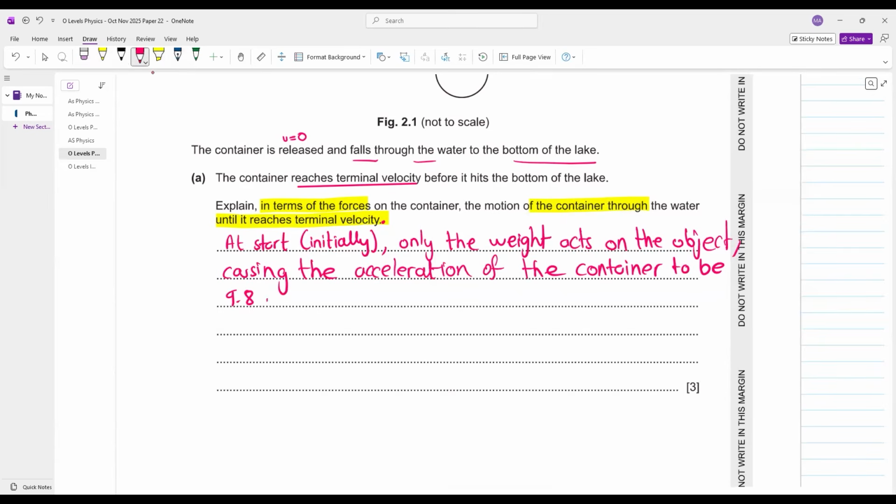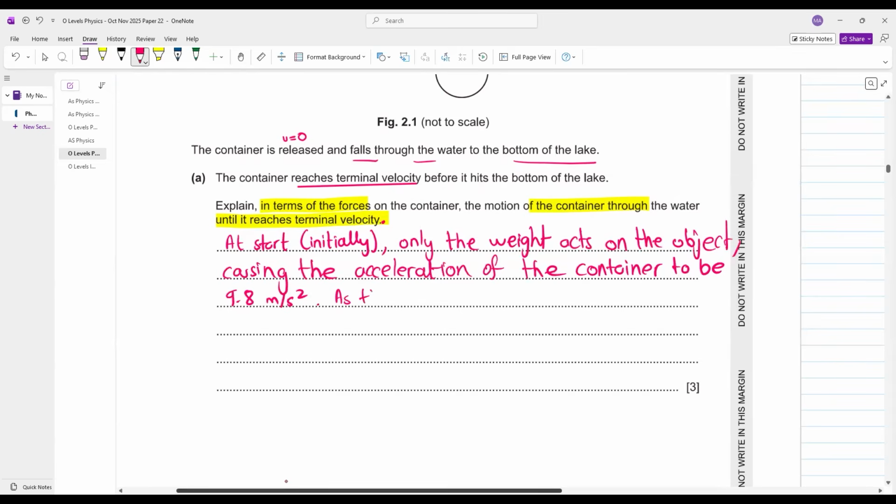Beta, initially at the start, only the weight acts on the object, causing the acceleration of the container to be 9.8 meters per second square. Yeah, the acceleration is equal to the acceleration due to gravity. Okay. फिर आप क्या कहोगे?